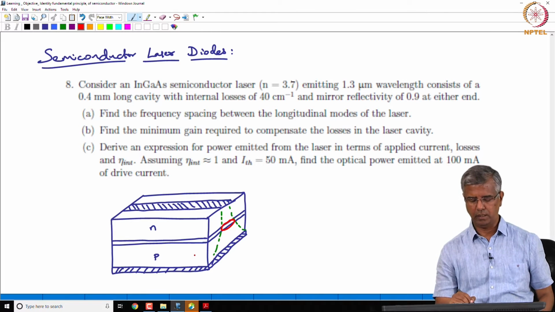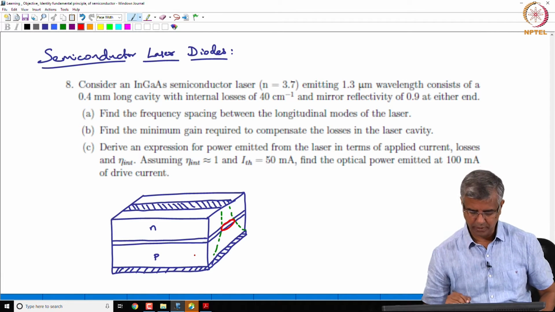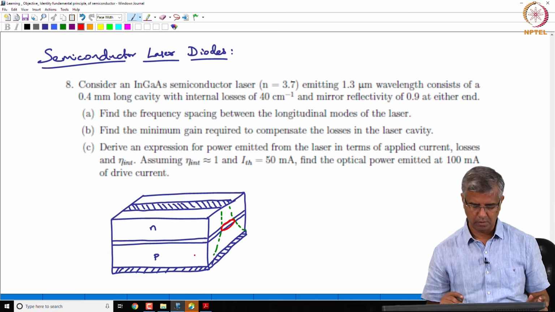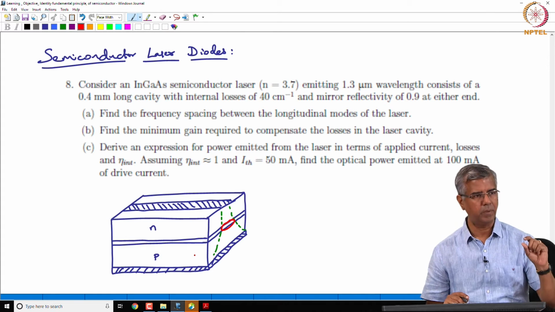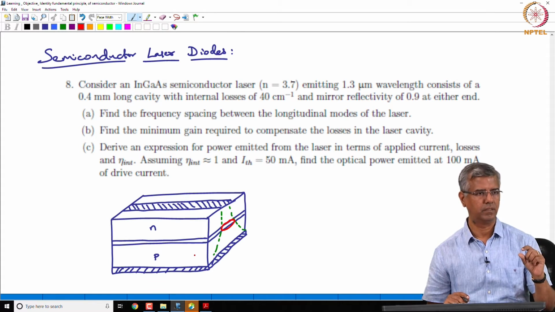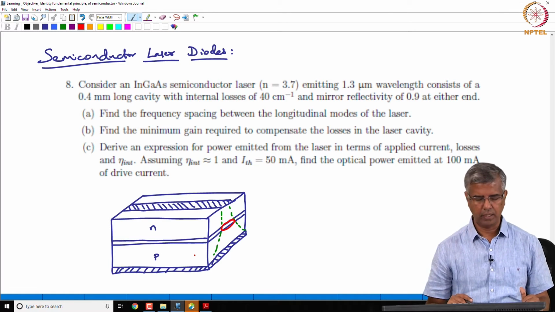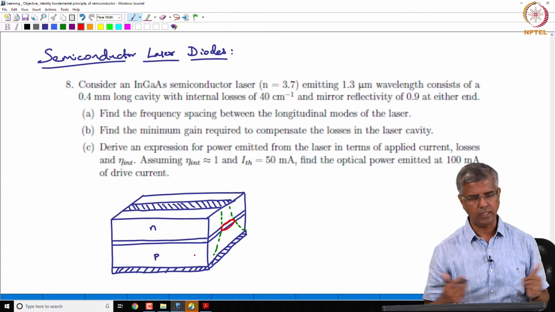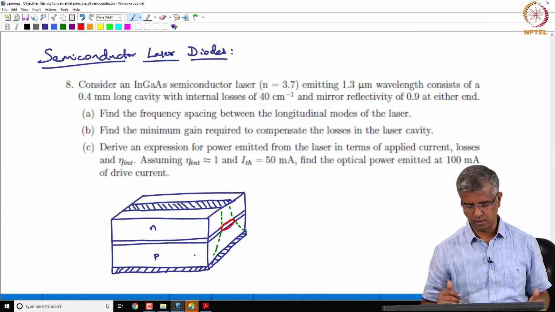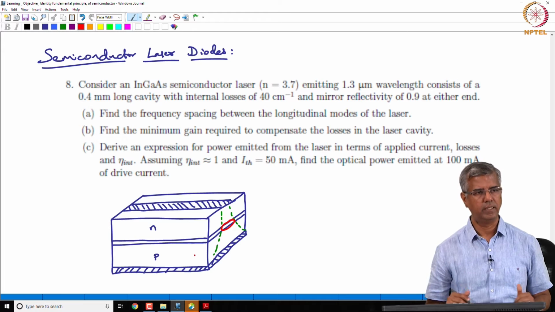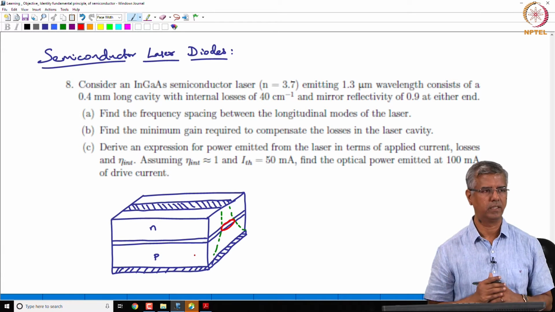One characteristic that we can clearly see is that it is limited by the thickness of the active region in the vertical direction. That is basically how many layers you can deposit epitaxially, and in the transverse or horizontal direction, there is not as much of a constraint.